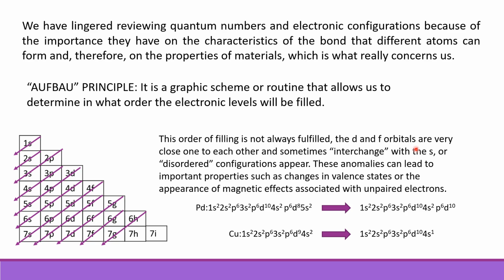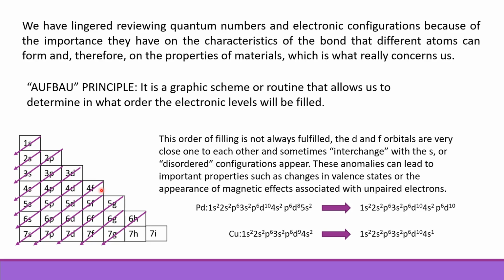Sometimes the filling order is not the one used in this scheme, but somehow they are changed, disordered. And so at first sight, the electronic configuration, the electronic terms appear to be disordered.